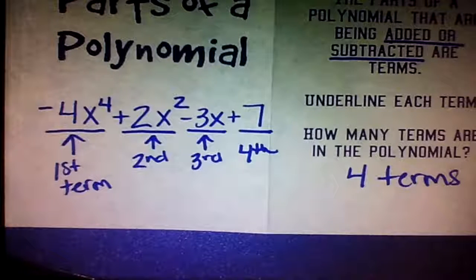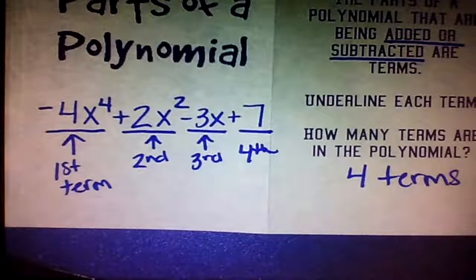Because I'm going to have to scoot this over and you're not going to be able to see this on my camera, I'm going to do it up here on the whiteboard. So this is first term. This is second. This is third. And this is fourth. Miss Smith, is the exponent part of the term? Yes.